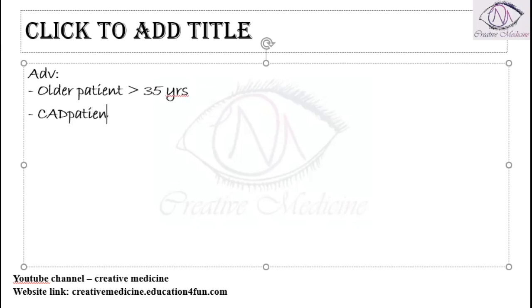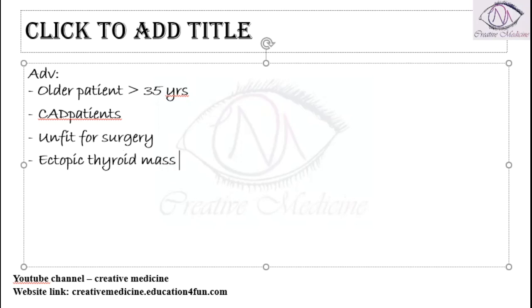It can be used if the patient is unfit for surgery. It can be used in ectopic thyroid, whenever there is an ectopic thyroid mass or for tumors. It is also used in a non-resectable thyroid gland.